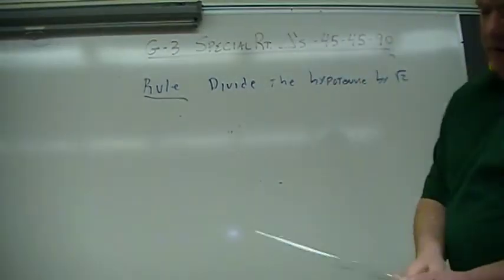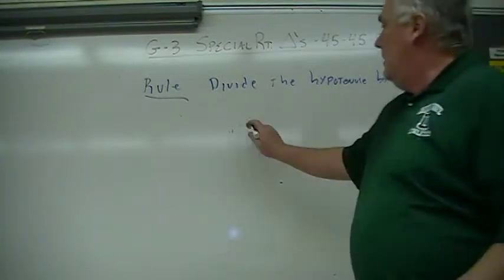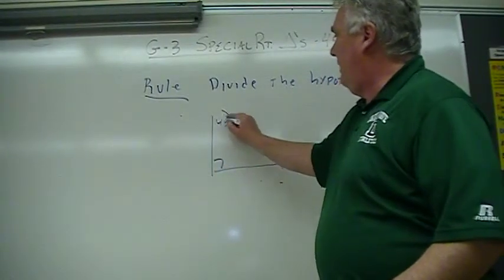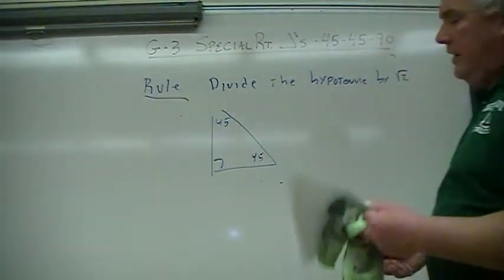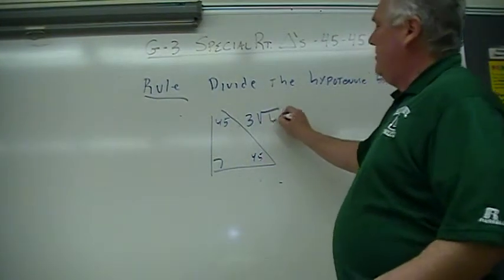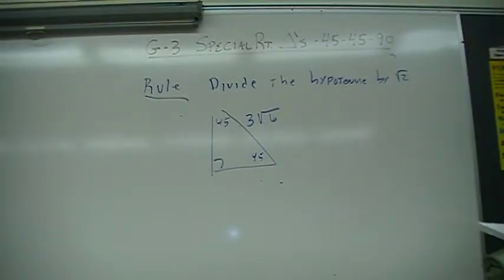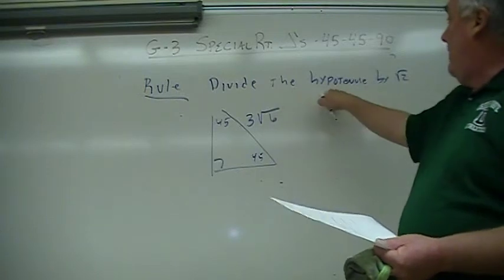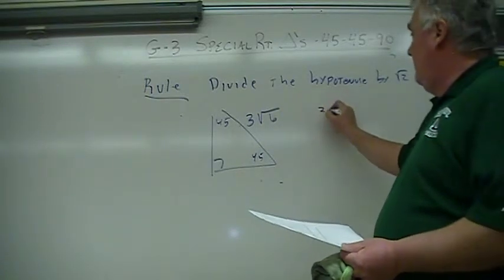Example number 4. We have a 45, 45, 90 triangle. The hypotenuse is 3 times the square root of 6. So we divide the hypotenuse by the square root of 2.